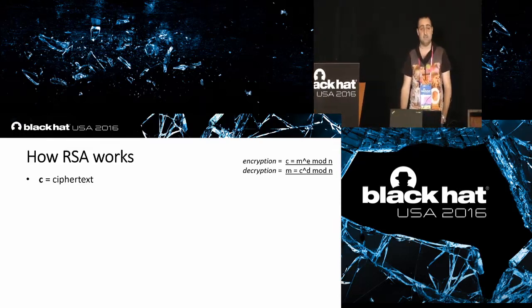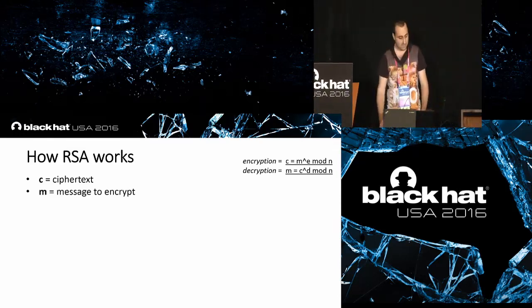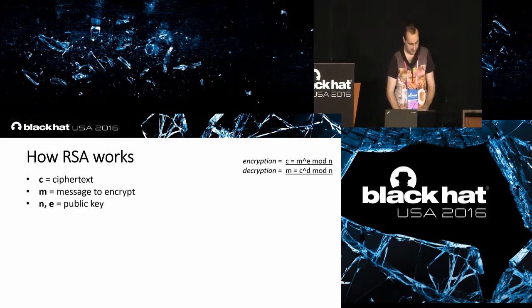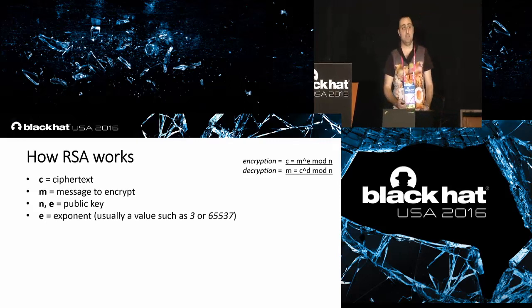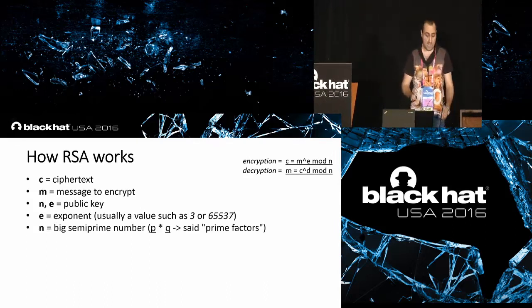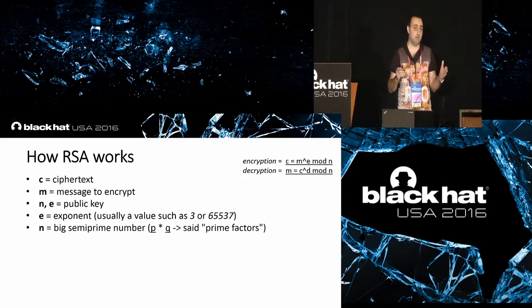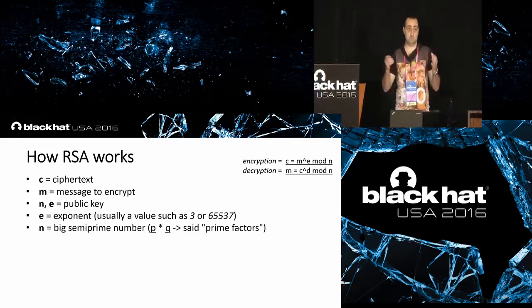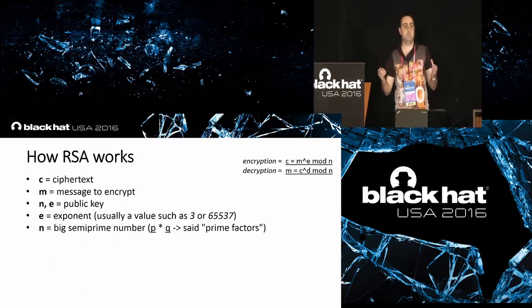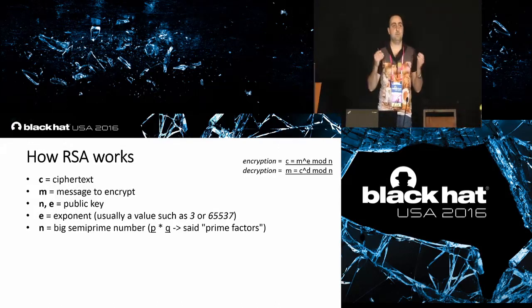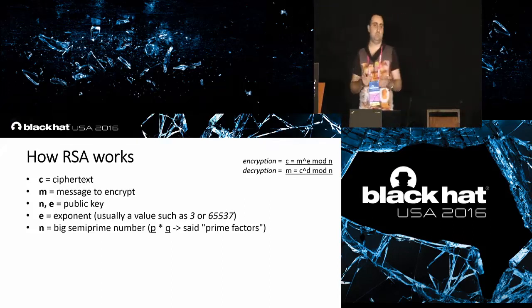Here, in this context, C is the ciphertext, M is the message to encrypt, and E is a small exponent, such as 3 or 65,537. N is instead a big semi-prime number given by the multiplication of two prime numbers, P and Q. And the security of RSA revolves entirely around the fact that P and Q are unknown to the attacker.